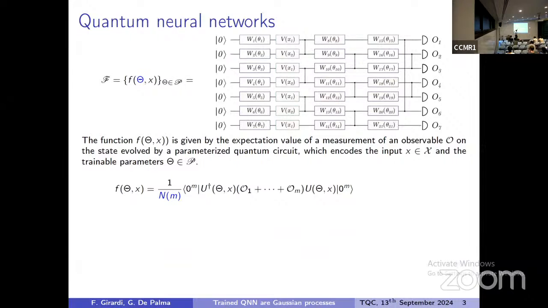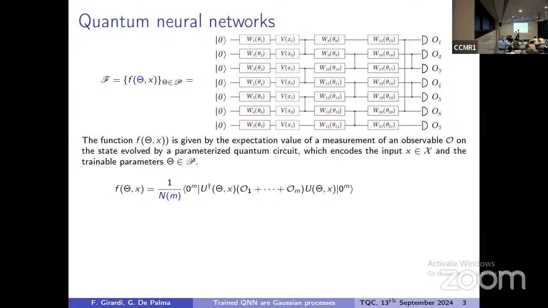We start from an initial fixed state. We apply to this state a parameterized circuit in which layer by layer we encode, using parameterized gates, the trainable parameters, and we make the qubits interact. And furthermore, we are free to encode wherever we want, with other parameterized gates, the input of the machine learning problem.